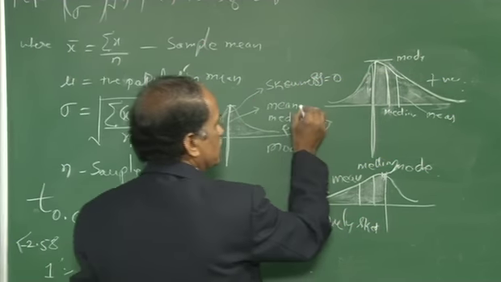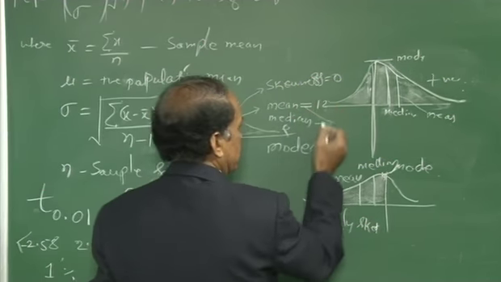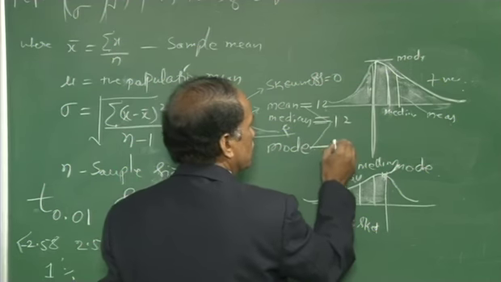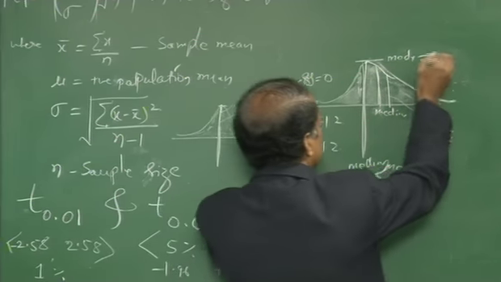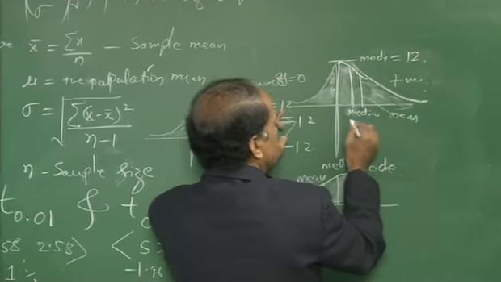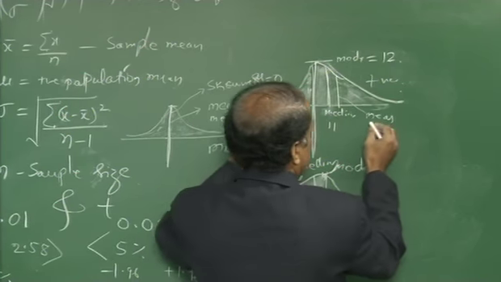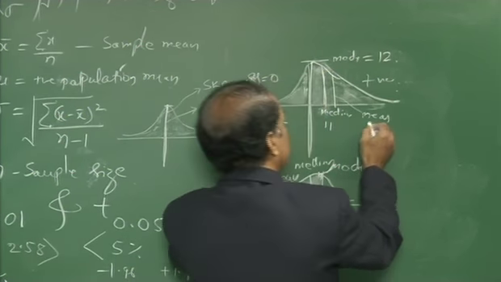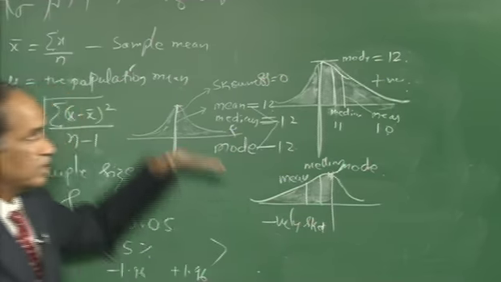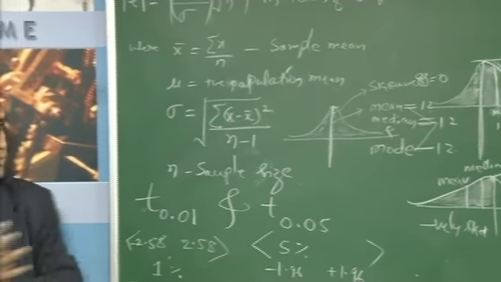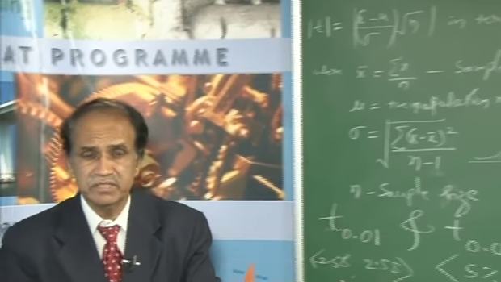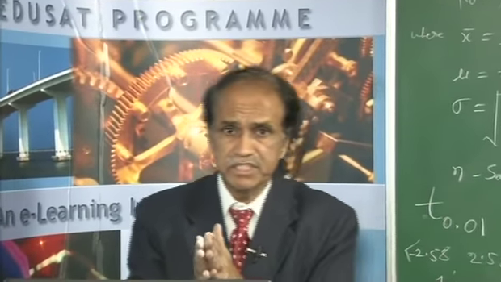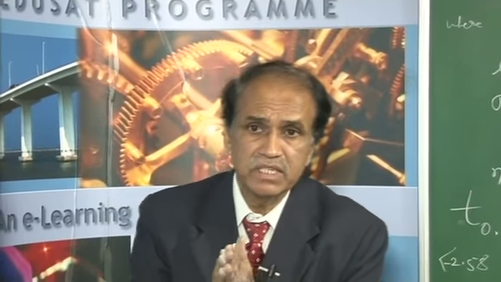For example, mean is equal to 12, median is also 12, and mode is also 12. But in the skewed case, if mode is 12, somewhere the median may be 11 point something, and the mean is also 11 point something or 10, like that. That means they must be in that particular order. So we say that both of them are not normal curves. The first important property of this t distribution is that it is symmetrical about the line t equal to 0, like the normal curve.